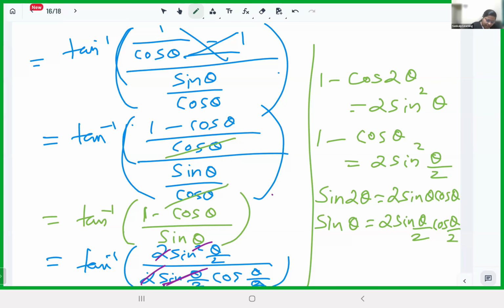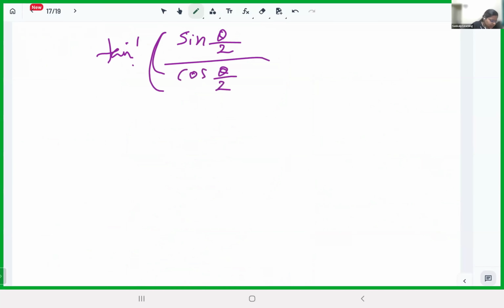In the numerator, you can see that it is tan inverse of sine theta by 2, and in the denominator there is a cos theta by 2, isn't it? So this is equal to tan inverse of, what is sine by cos? It is tan. So that is equal to tan inverse of tan theta by 2.